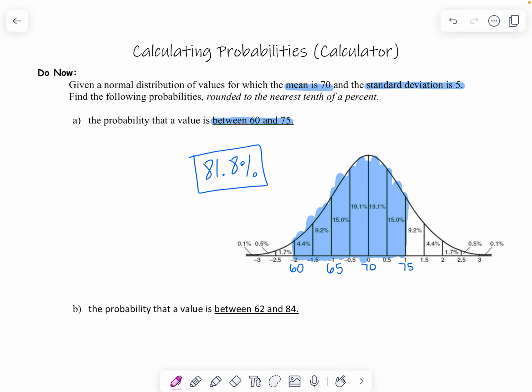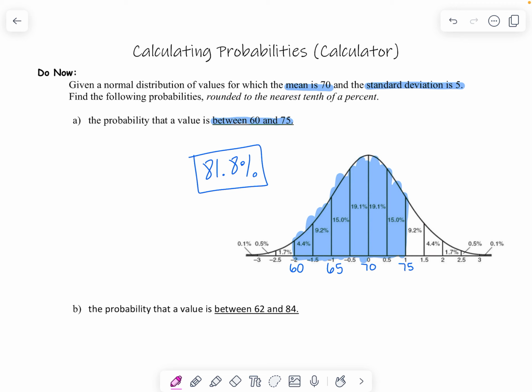Because our normal curve that we're looking at here has z-scores, which is the number of standard deviations we are either above or below the average, that are integers up to 3 and down to -3, or halves. So there's no room for anything other than a full or half standard deviation.